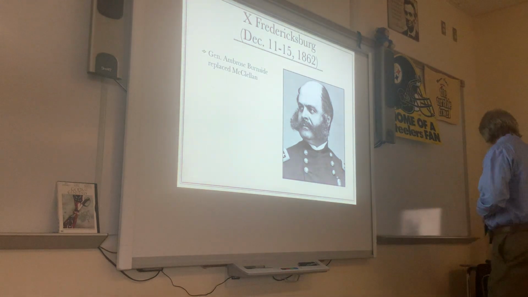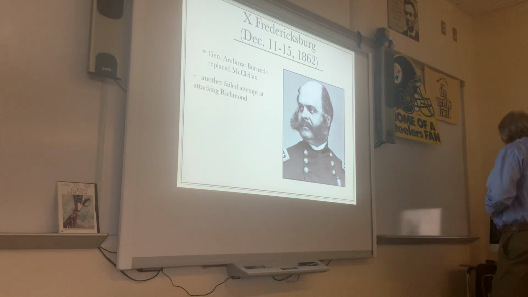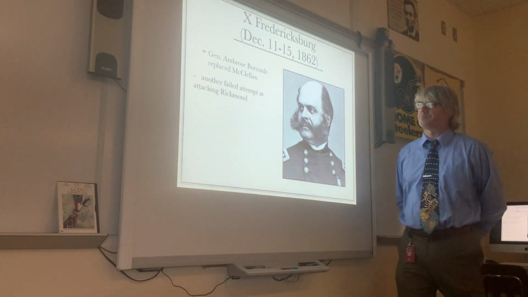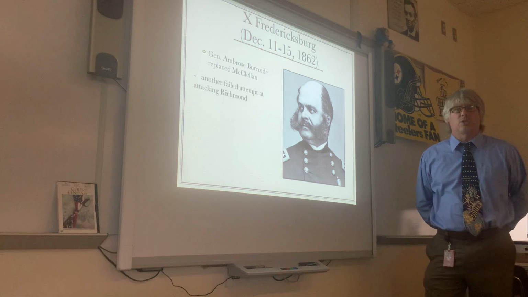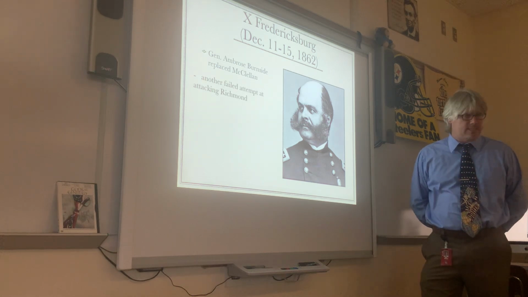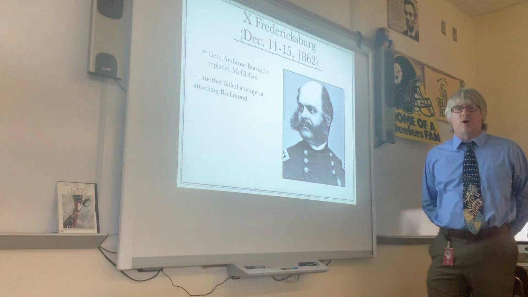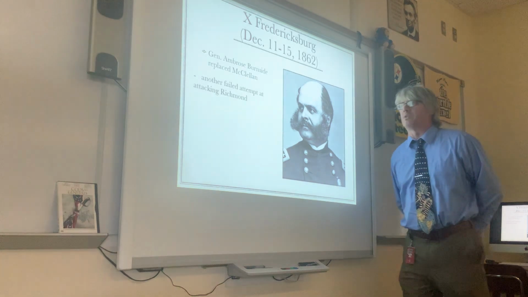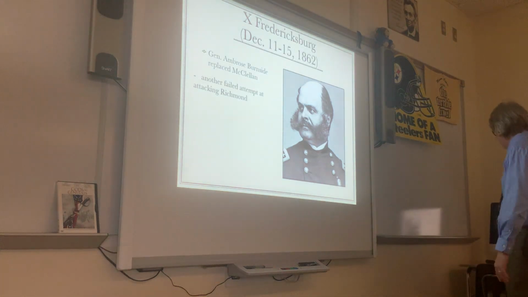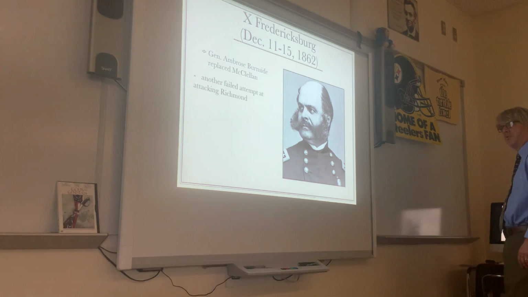came from, Ambrose Burnside. Well, Ambrose Burnside is put in charge of the Army of the Potomac, and he is put in charge with the next attempt to try to move on Richmond and capture the Confederate city. And all I'm going to have you put in your notes is that this was another failed attempt at attacking Richmond. There's a little bit more to it than just that.